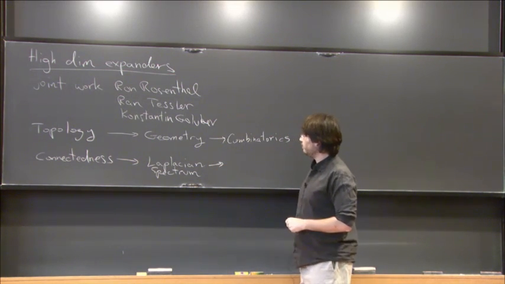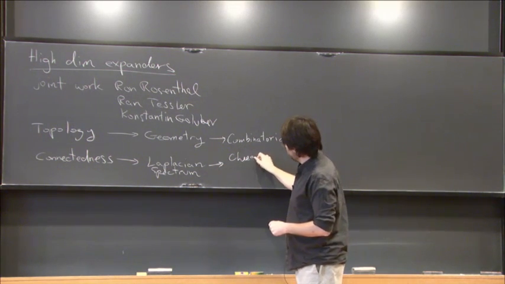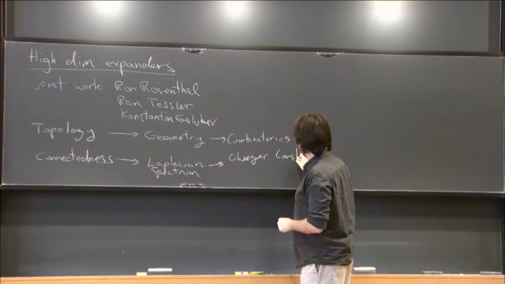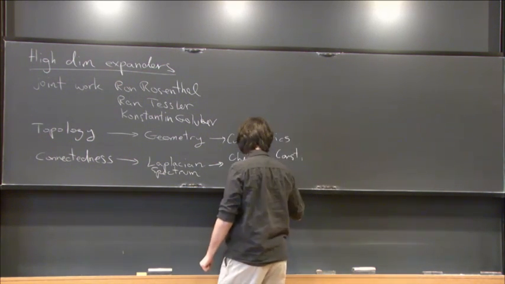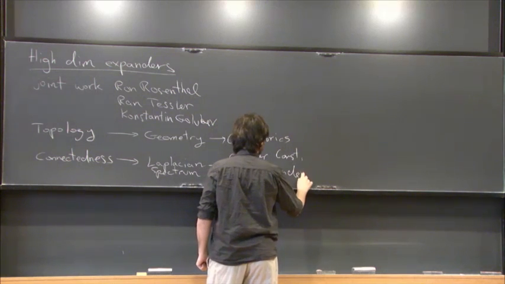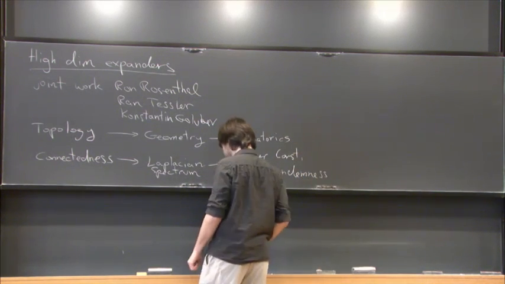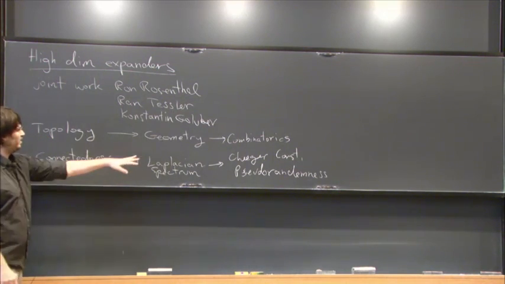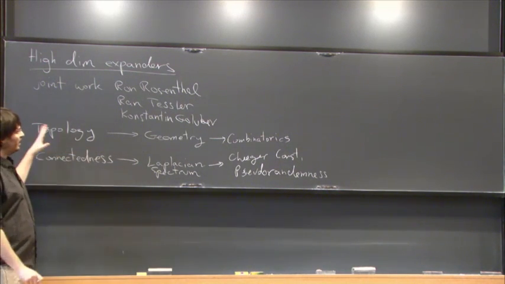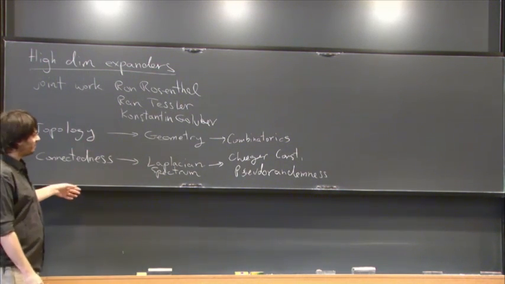So here, for graphs, it will be the Cheeger constant or pseudorandomness. I will also tell a little about what happens in graphs, but our goal is to do this in higher dimensions.